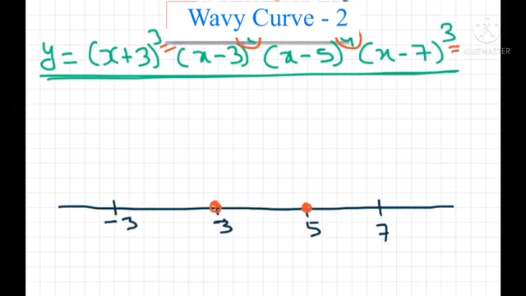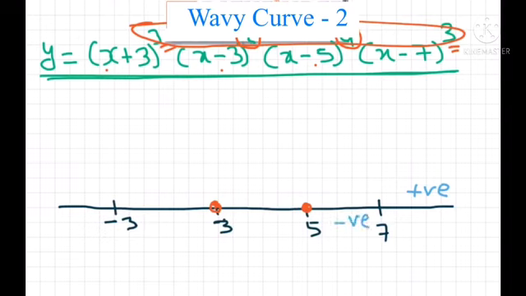Now start as earlier. Assume that there is no exponent. If there is no exponent, then you will start with x plus 3, x minus 3, x minus 5, x minus 7, and you will write here as positive. So this side it is positive. Now from positive it would become negative. But you see here, there is a point here. Point means even power.